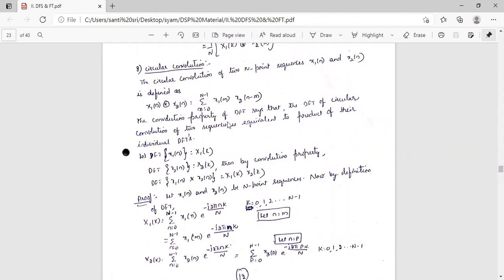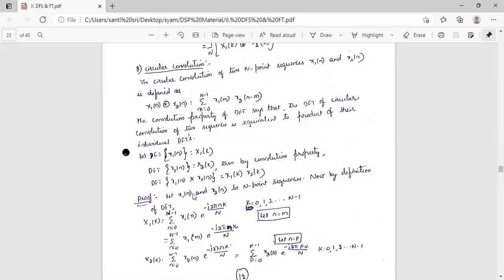The convolution property of DFT says that the DFT of circular convolution of two sequences is equivalent to the product of the individual DFTs, right? So let the discrete Fourier transform of x1 of n equal x1 of k and the discrete Fourier transform of x2 of n equal x2 of k. Then by the convolution property, the DFT of x1 of n convolved with x2 of n will become simple multiplication, that is x1 of k into x2 of k.